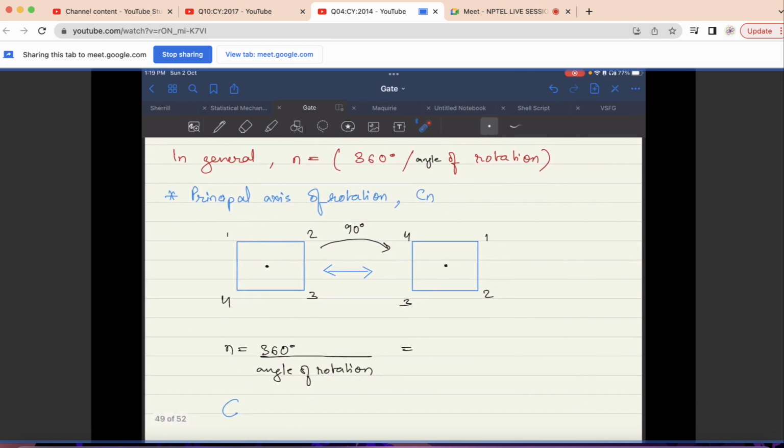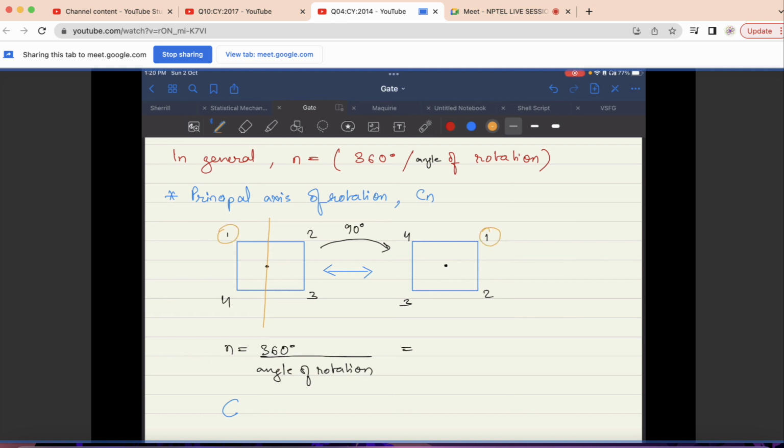If you see this example, this is a square, and I tag 1, 2, 3, 4 to the edges. This is my particular axis, and I am doing a 90-degree rotation, which means my 1 will go from here to here.